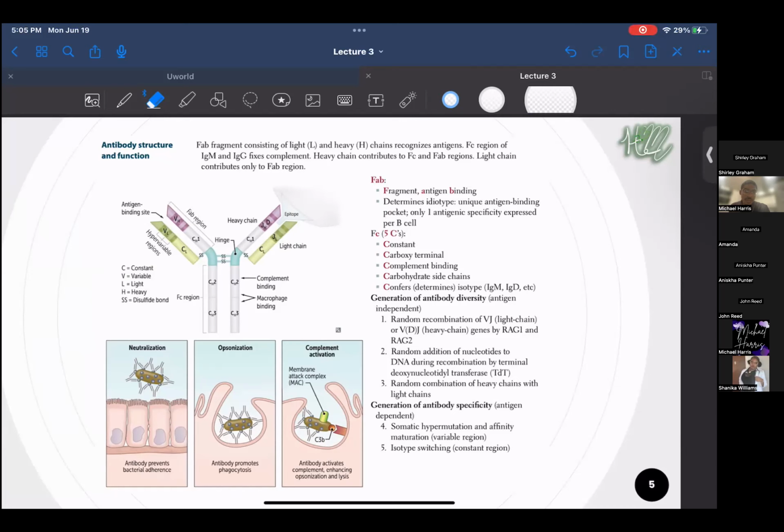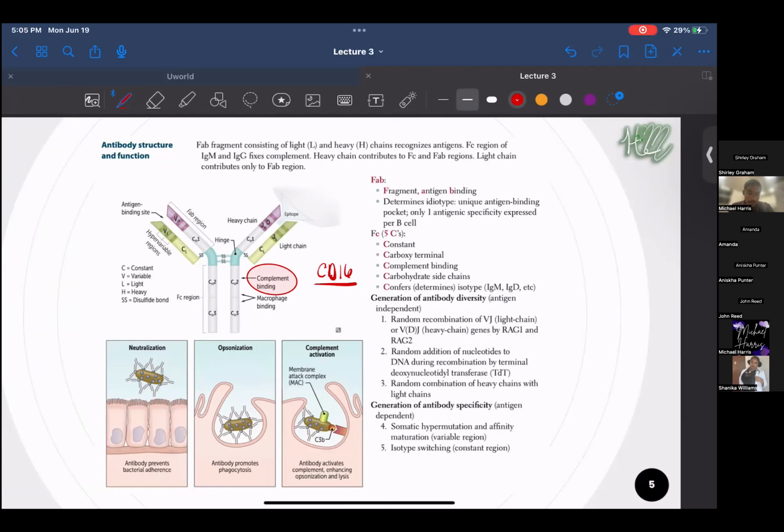Now, these functions are this. One, complement binds to this. There's a binding spot on antibodies for complement. That is here at the C2 spot. The other thing I really want to point out is what we were already kind of discussing last time with how CD16 is a big player with the antibodies.